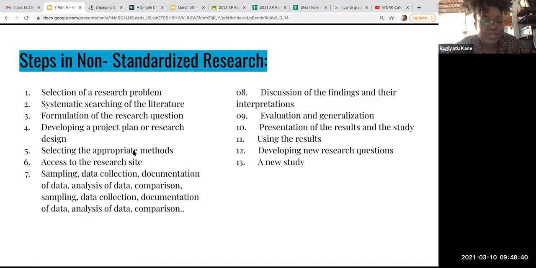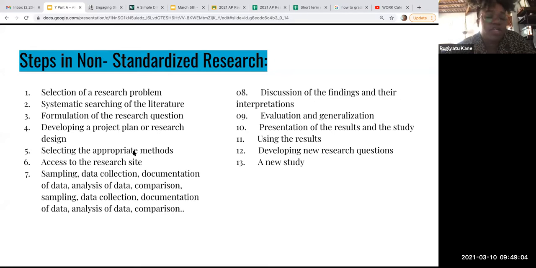You are also sampling data, documenting this data, analyzing this data, perhaps doing some comparisons. You are discussing these findings and their interpretations, so getting meaning out of them. You're evaluating and generalizing them, presenting these results or presenting the study in paper or poster or presentation format.